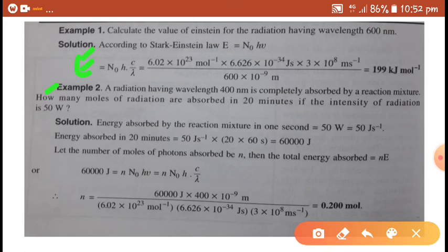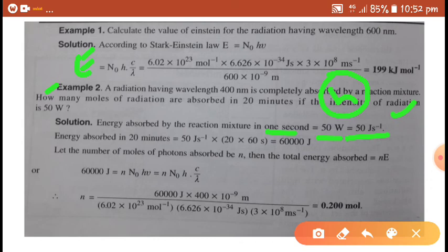How many moles of radiation are absorbed, so we have to calculate the number of moles here. Energy absorbed by the reaction mixture in 1 second is equal to 50 watts. 50 watts means 50 joules per second. So in 1 second the energy absorbed by the reaction mixture is 50 joules.